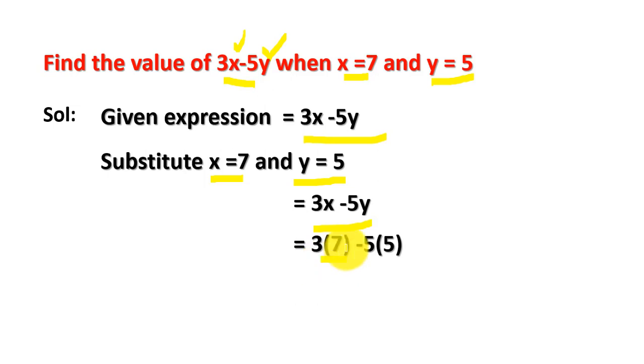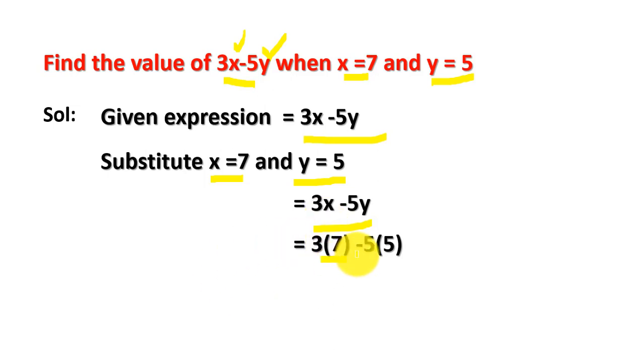Definitely should use here. In all the cases, whenever you are substituting the value, definitely you should use that brackets. Because when minus sign is there, bracket in the sense, definitely you should do the multiplication of the signs. That's very, very important. That is why I kept brackets here.